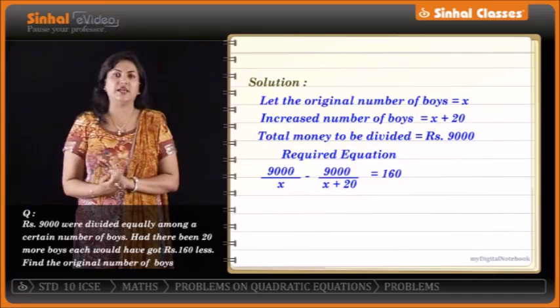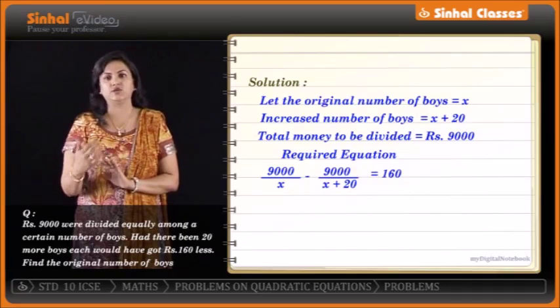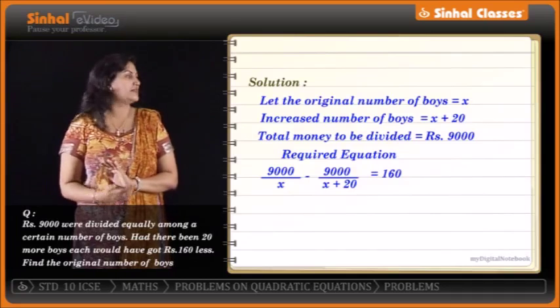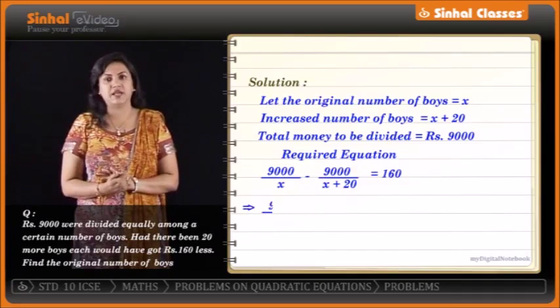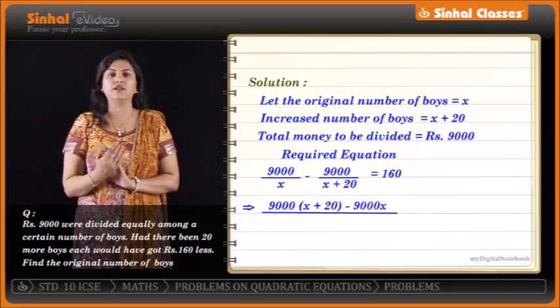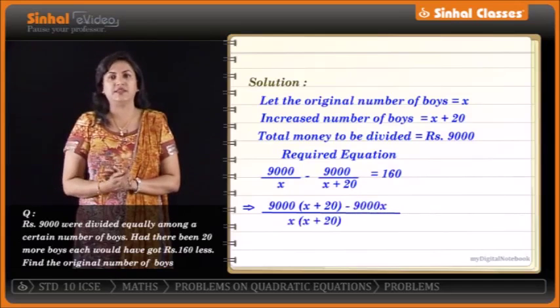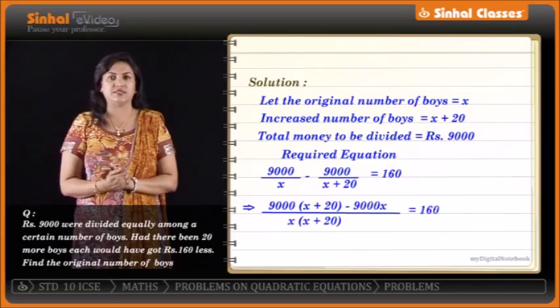Now take the LCM as x into x plus 20. We get 9,000 into x plus 20 minus 9,000 x upon x into x plus 20 is equal to 160.